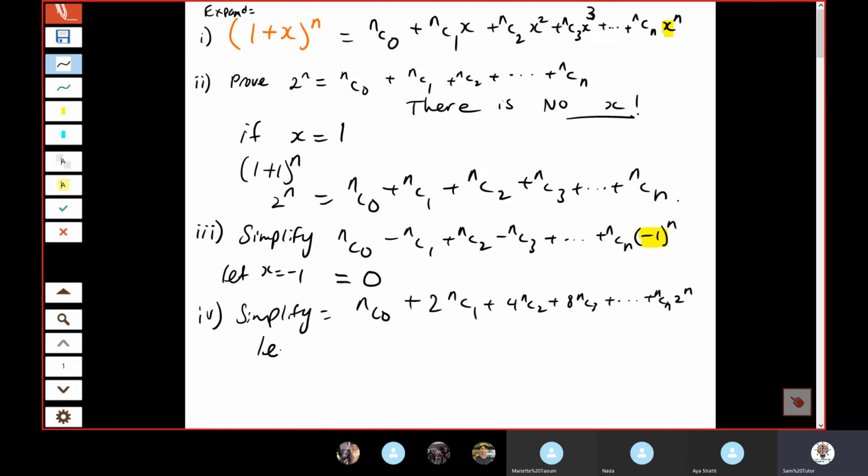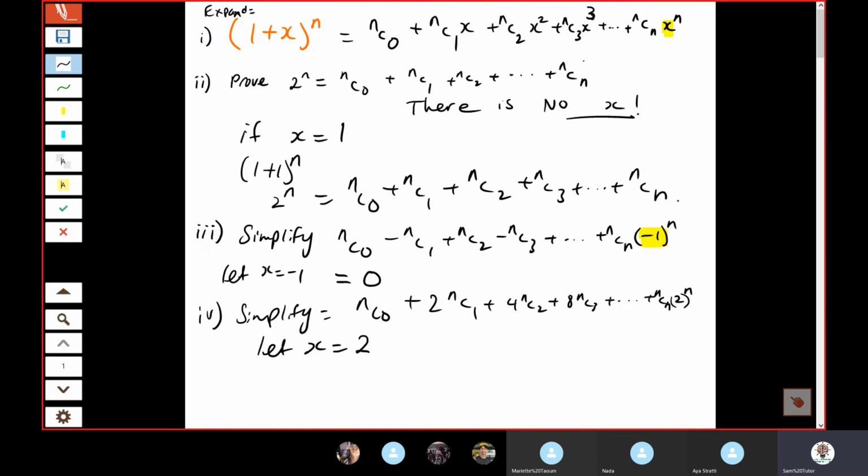Well, what would you let x equal to? Not squared. Let x equal 2, because x gets replaced for the 2.